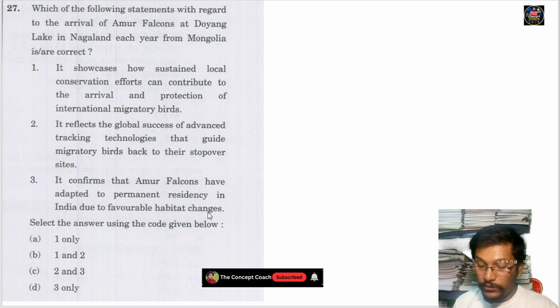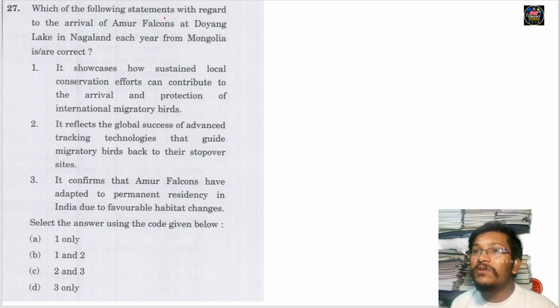Next, we will move on to the 27th question. Here the question is: which of the following statements with regard to the arrival of Amur falcons at Doyang Lake in Nagaland each year from Mongolia is or are correct. So the question is about the Amur falcon. The Amur falcon is an international migratory bird.